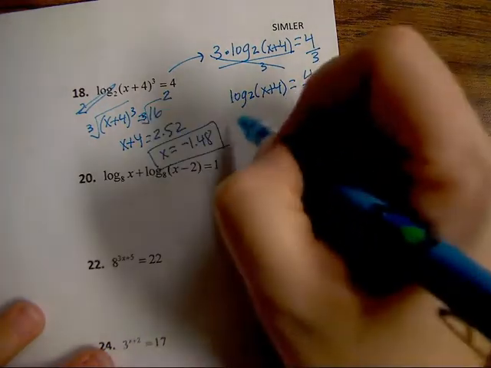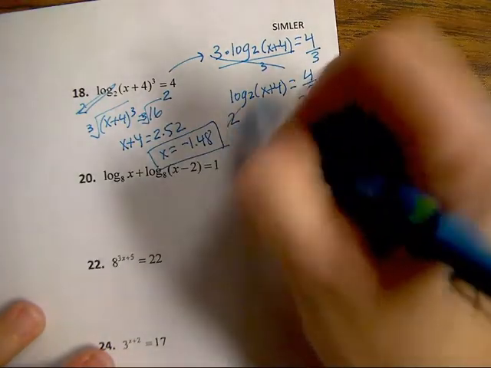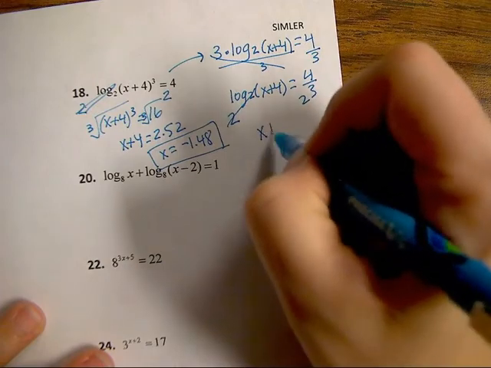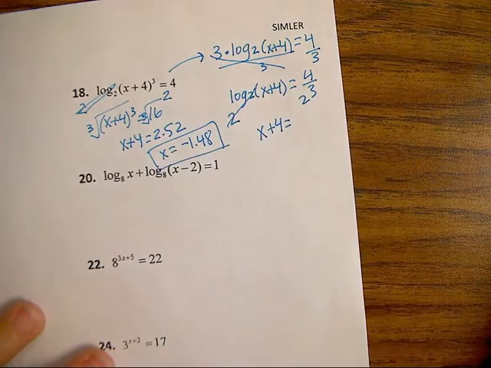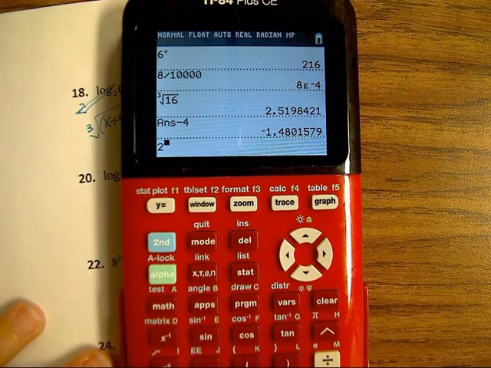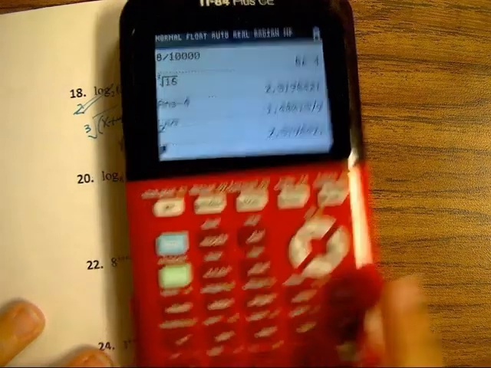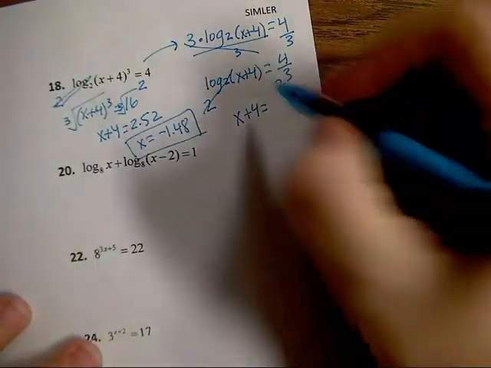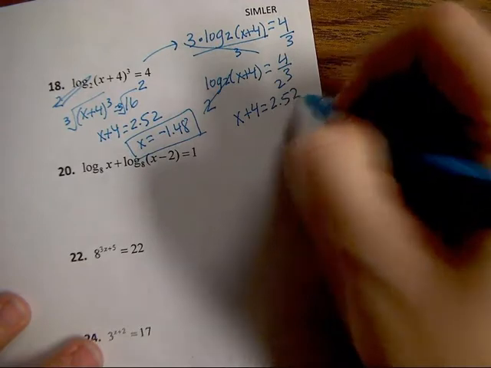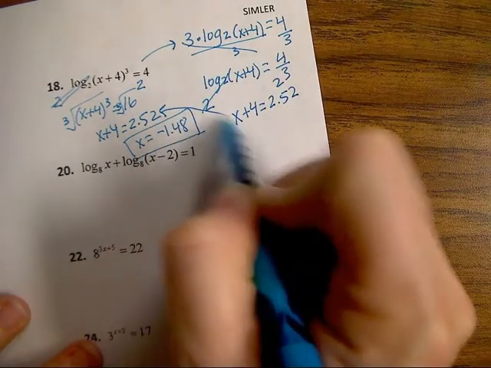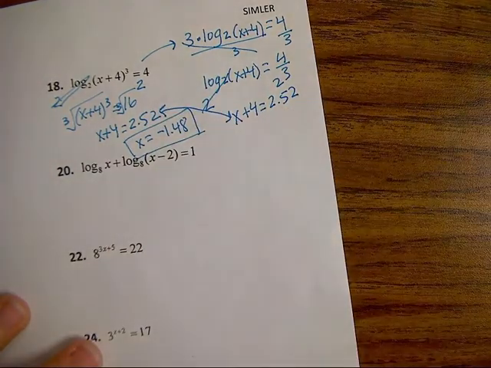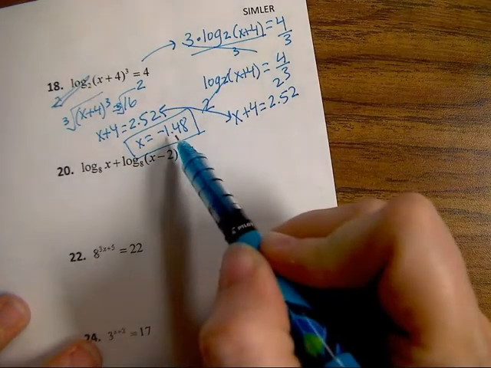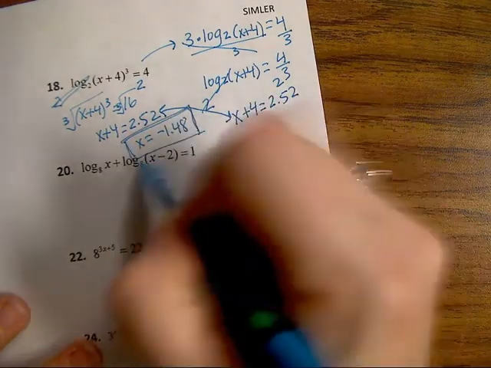Bring in a base of 2 to both sides, cancel that out. Now I have x plus 4 equals 2 raised to the 4 divided by 3, which is 2.52. That should look familiar. That's what happened right here. And then we subtract 4 to get, once again, x equals negative 1.48.